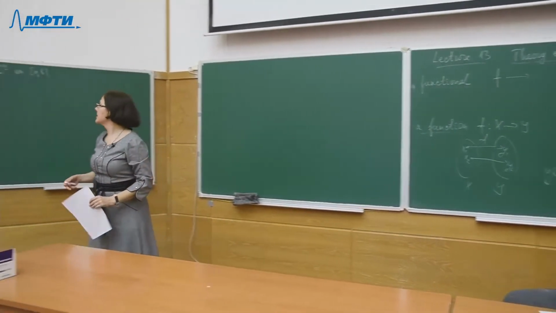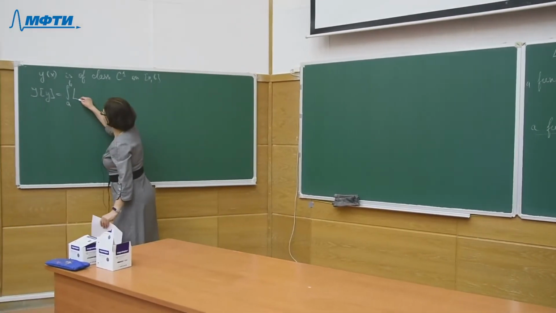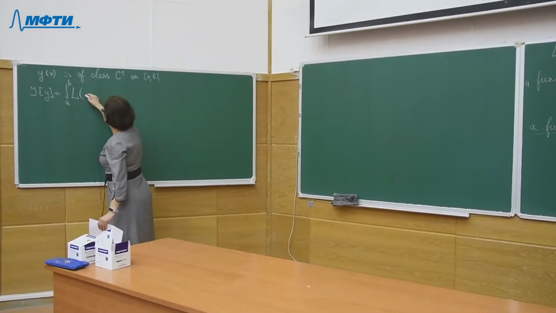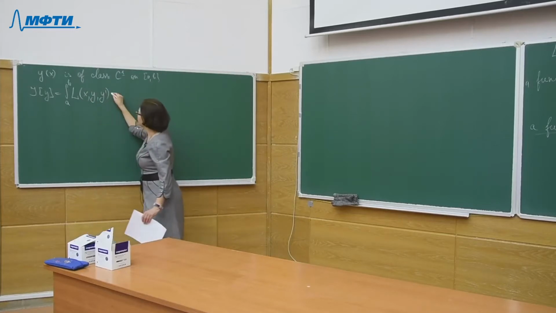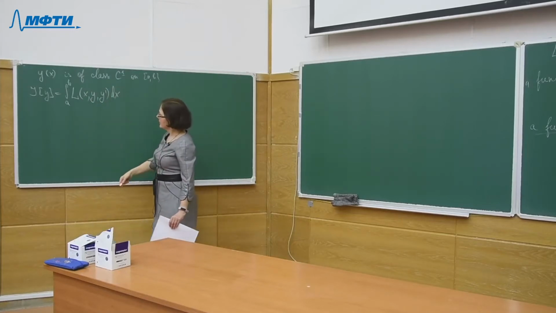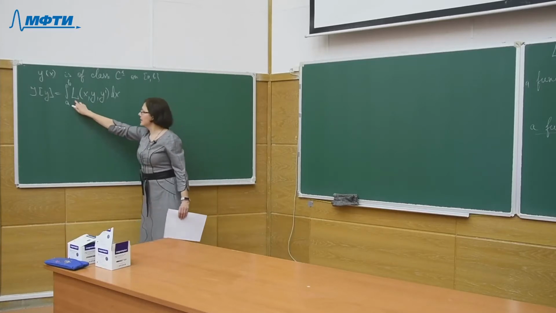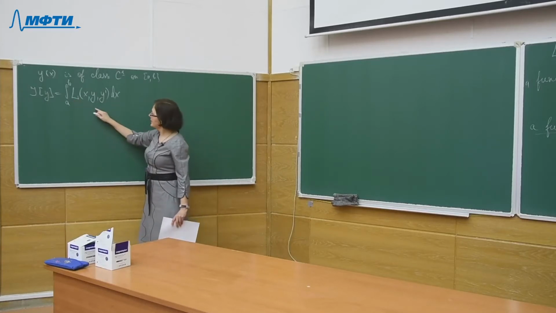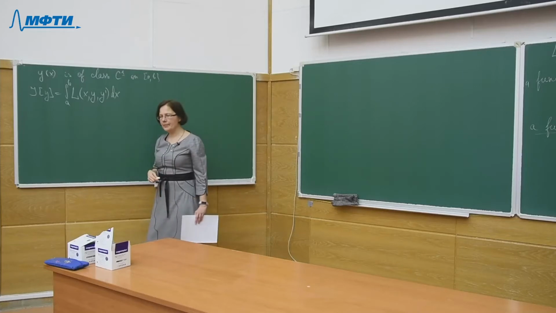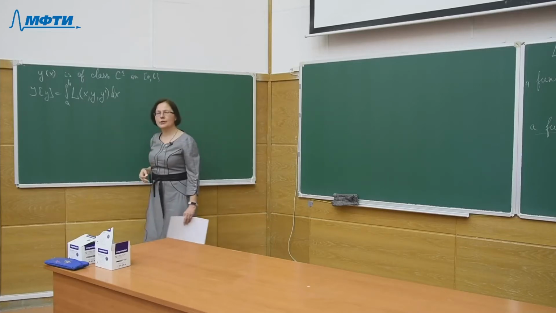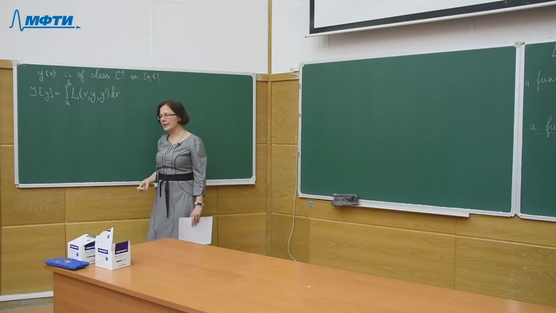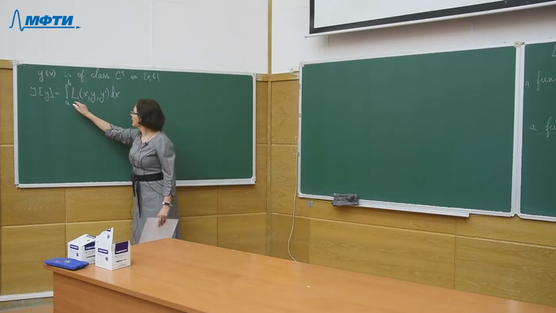But we will consider a more general class of functions, L, depending on x, y, and y prime, dx. We suppose that this function, the integrand, depends on x, y, and y prime, and it is called the Lagrangian function in honor of Lagrange.